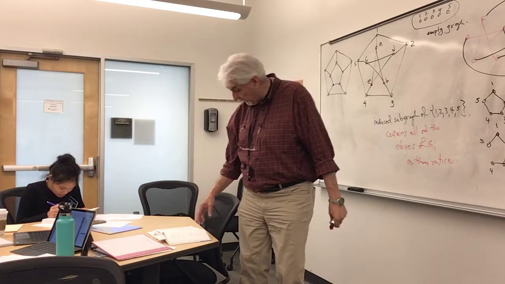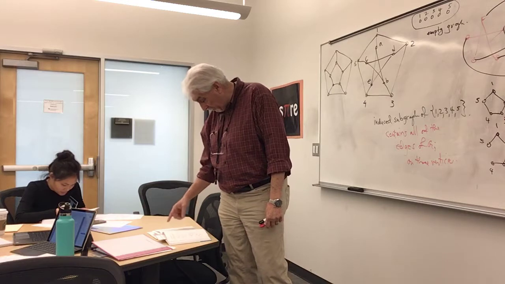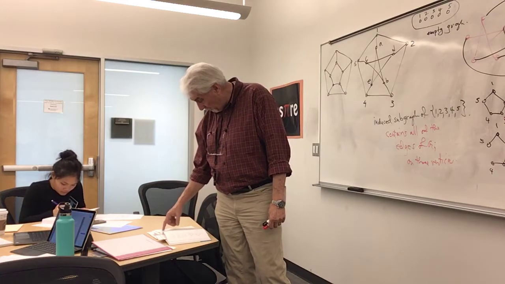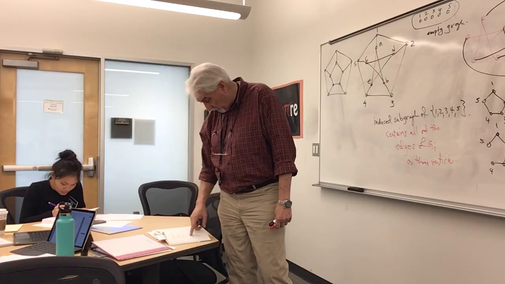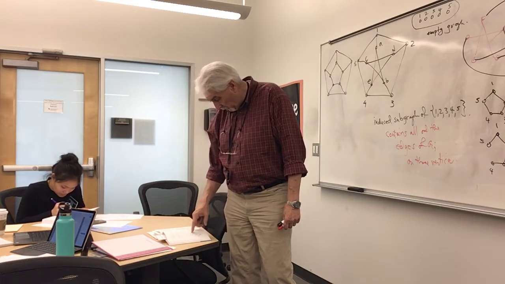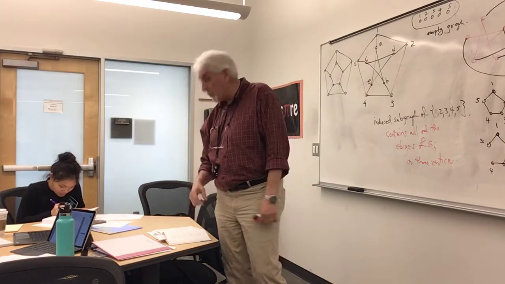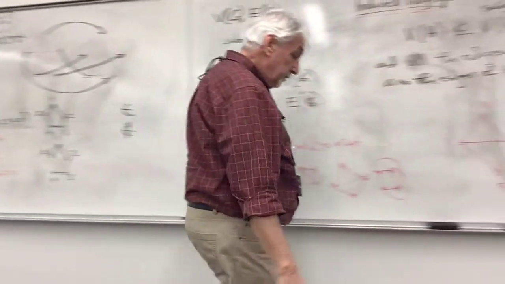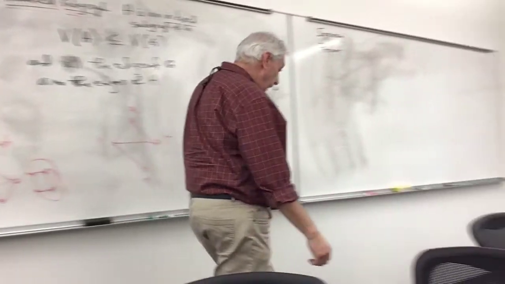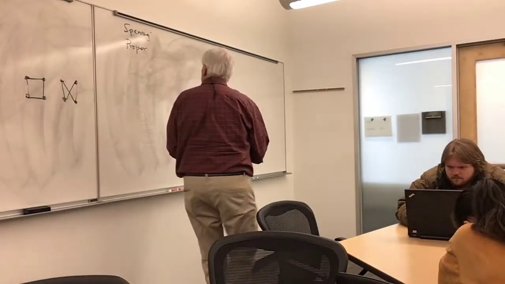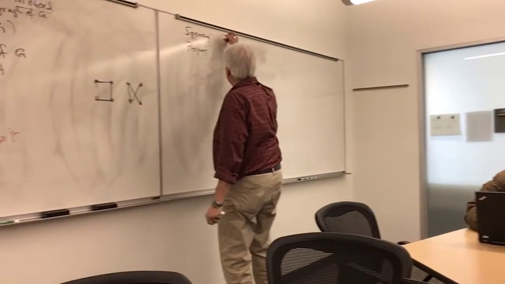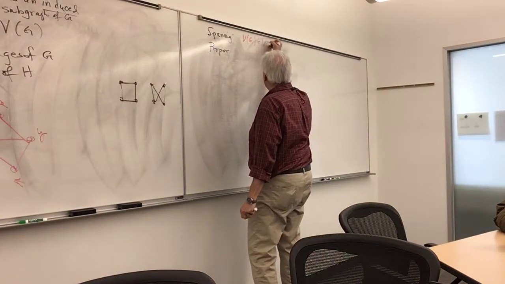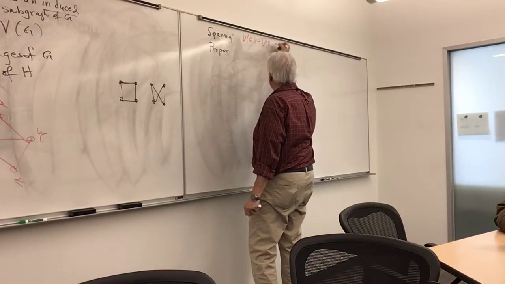Okay, so let's see. 1, 2, 3, 4, 5, 6, 7. 1, 2, 3, 4, 5, 6, 7. Okay, so a special one is H5. H5 has the vertex set of G equal to the vertex set of H5.